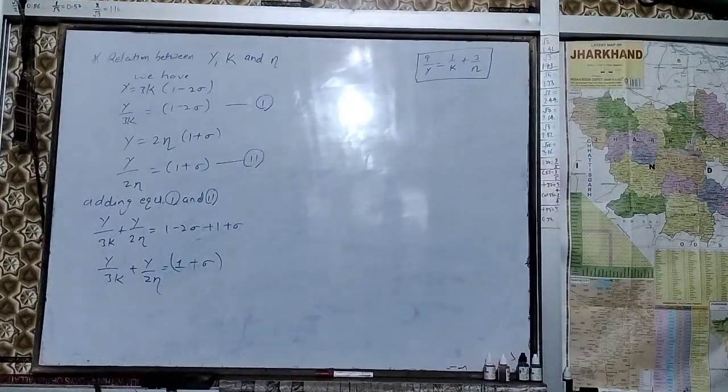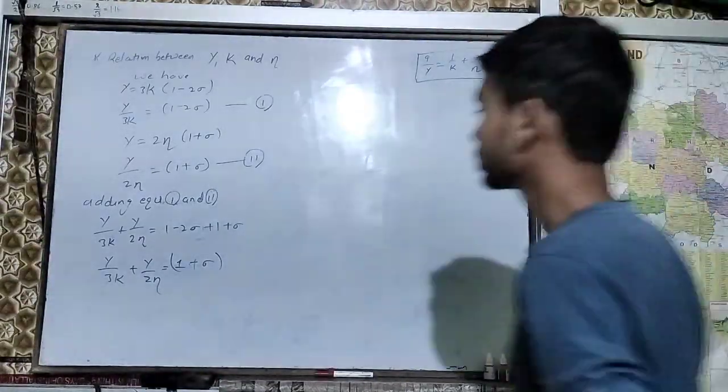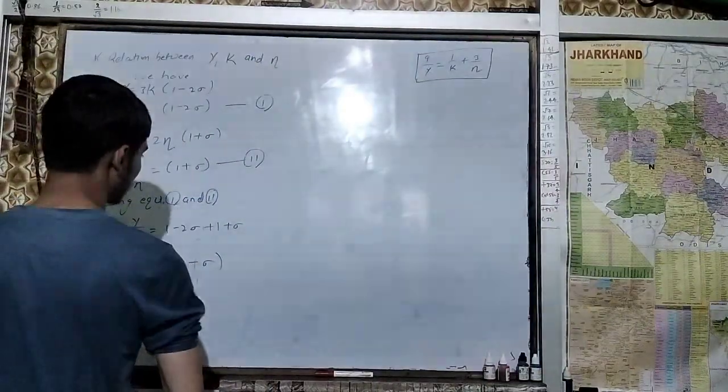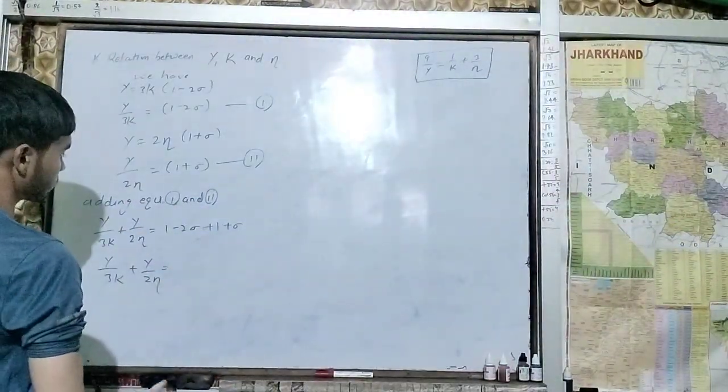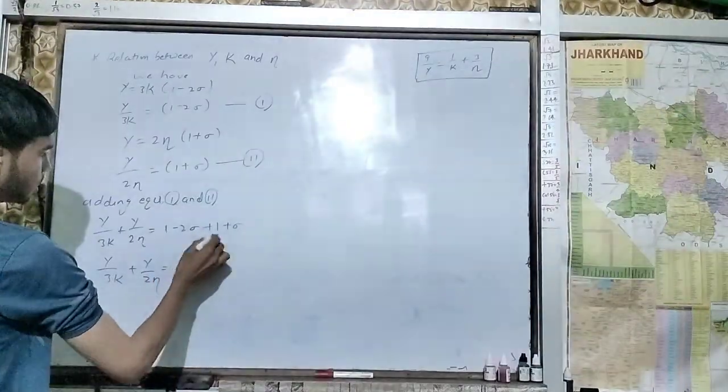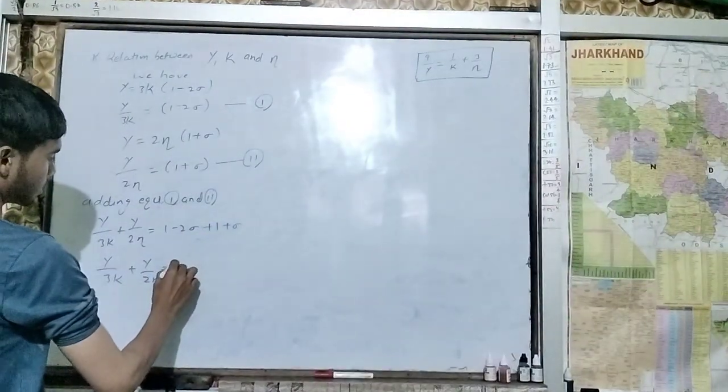Check it, y upon, then y upon, so it should be 3, 1 plus 2 and 2 plus 1, 3.